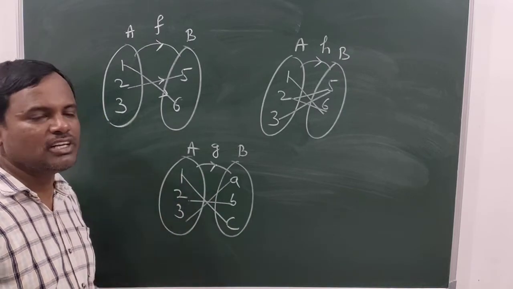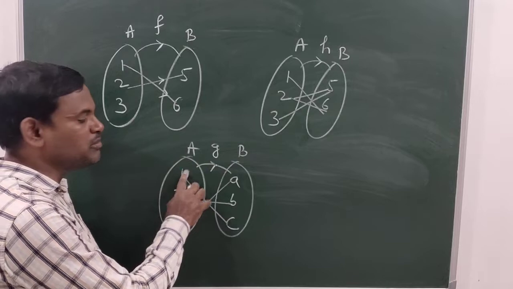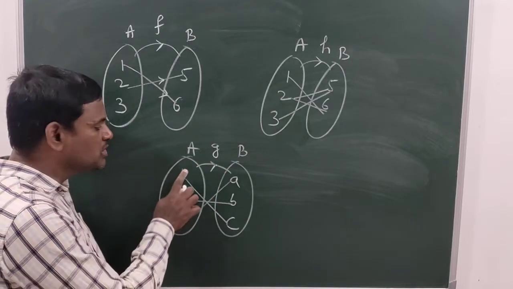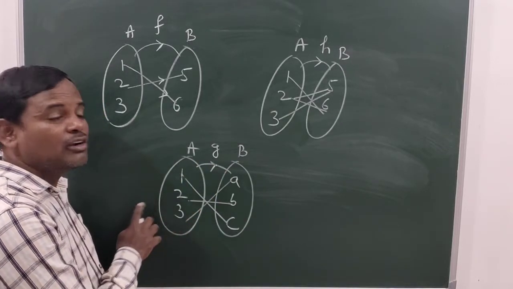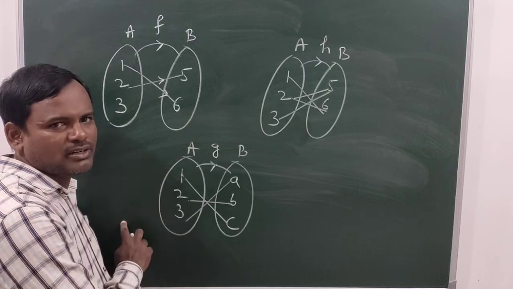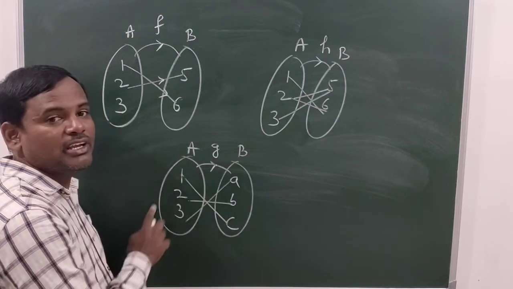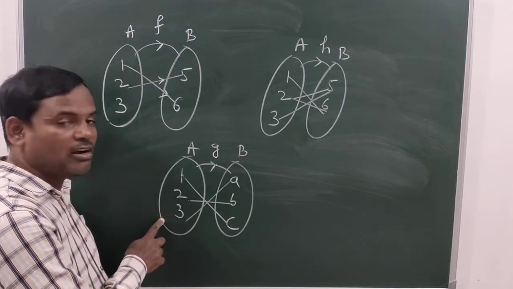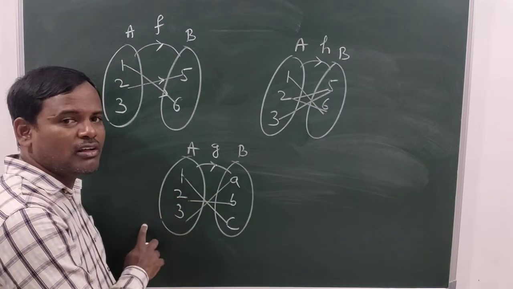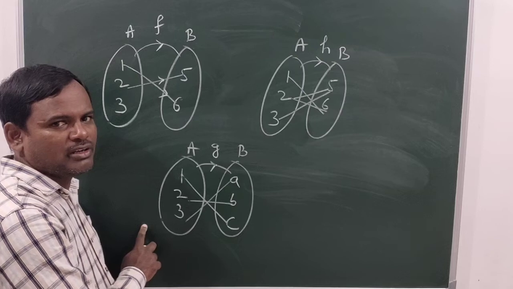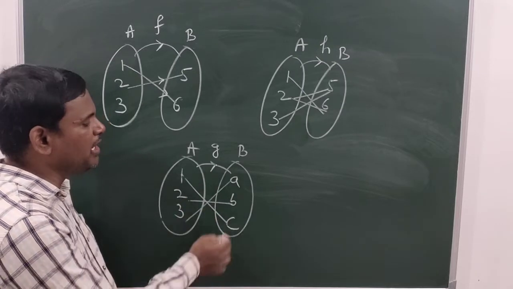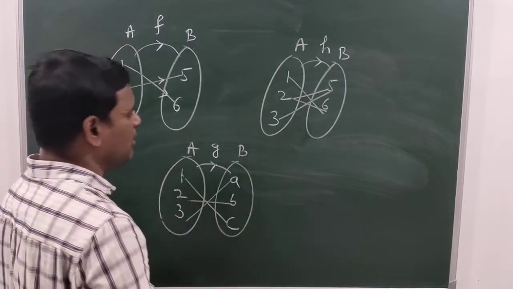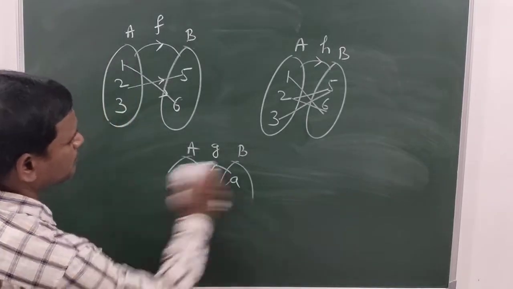If it is a function, it maps from set A to set B. So this set A will be called the domain of this function, and the complete set B will be called the codomain. Suppose B has more elements; I will give you one more example.